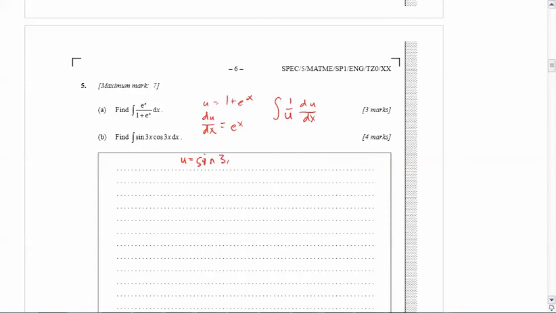So sine of 3x, then I'm going to take the derivative, so du dx equals cosine of 3x, but because the derivative of sine is cosine, because there's a 3x in there, I also need to take the derivative of the inside. The derivative of the inside, 3x, by the chain rule, is then 3. And so to adjust for that, I need to now put a 3 in there. And if I put a 3, I've got to put the 1/3 in front. So you're going to have to make some adjustments.